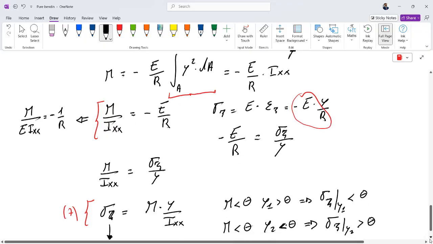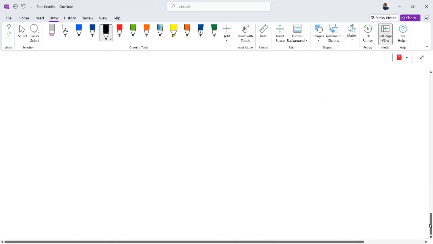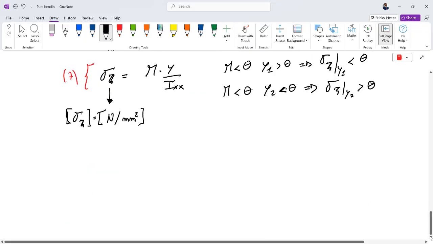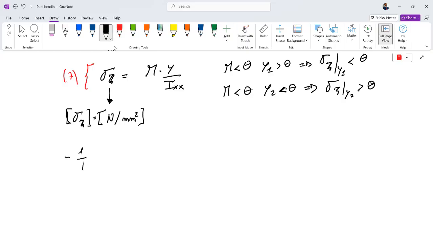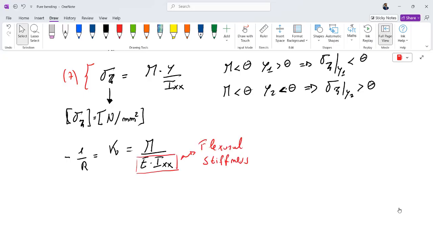So minus 1 over r, that is a curvature that we can express as k, is equal to the bending moment acting on a beam divided by E times Axx. So this is the flexural stiffness of the beam.